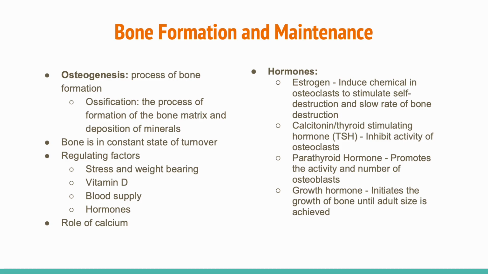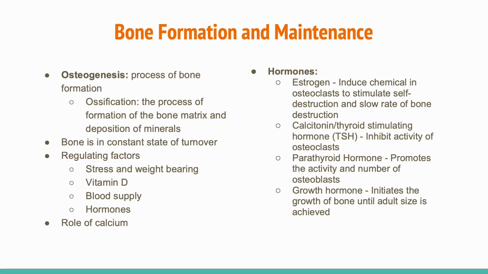Vitamin D promotes calcium absorption from the intestines, providing the minerals needed for bone mineralization. An adequate blood supply delivers oxygen, nutrients, hormones, and growth factors to developing bones. Hormones also play a very important role in bones, right? Estrogen slows bone resorption by suppressing osteoclast activity.